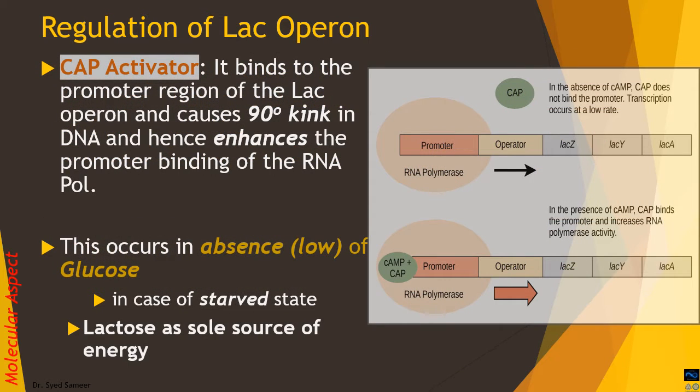Another aspect of molecular regulation is through CAP. CAP is the cAMP activating protein. CAP binds to the promoter region a little ahead of the RNA polymerase. RNA polymerase needs it to identify the promoter much more avidly than when it is not present. So what does CAP do?